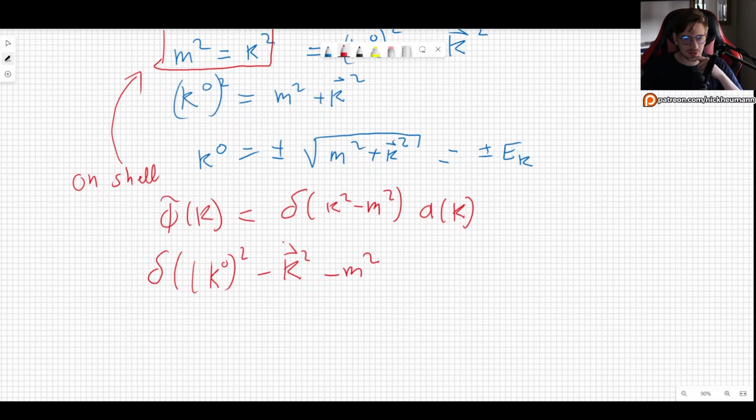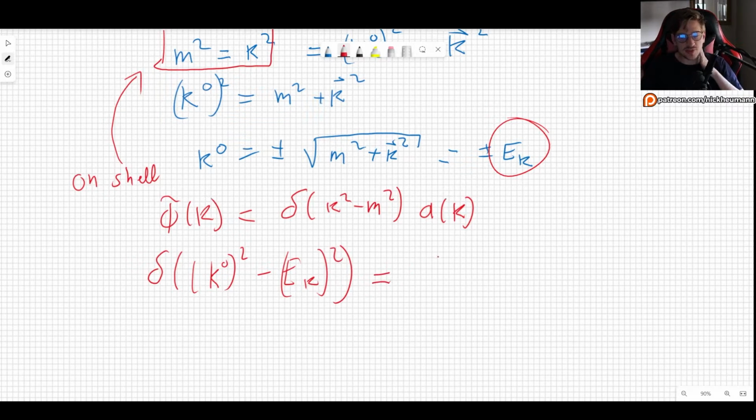So we can factor out the minus, we get k squared plus m squared, but k squared plus m squared is simply the energy squared. So this is E_k squared. So this is basically a condition on the energy.